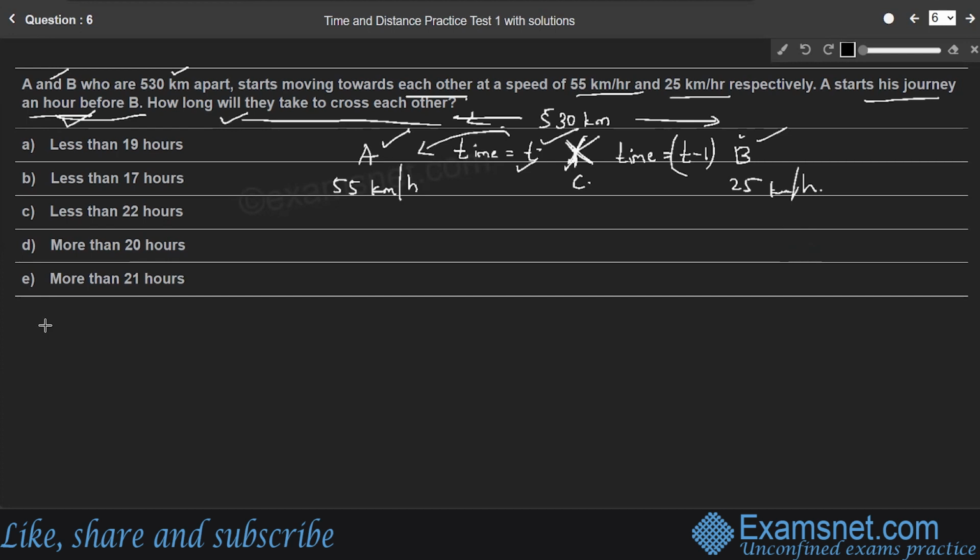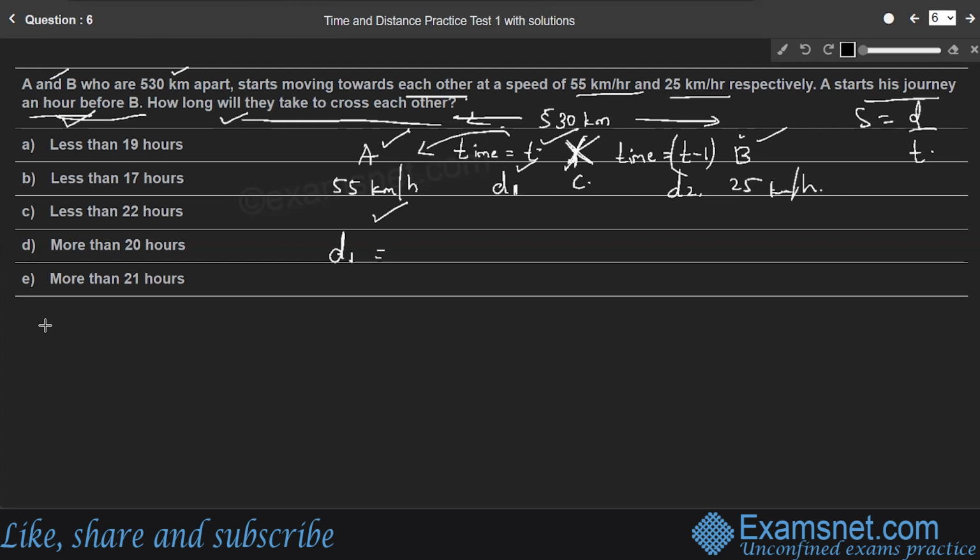So considering the speed of A and distance covered by A, for our convenience we'll take D1 as the distance covered by A to reach C, and D2 as the distance covered by B to reach C. Speed is distance by time, therefore distance is speed into time.